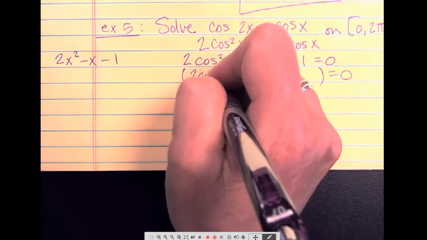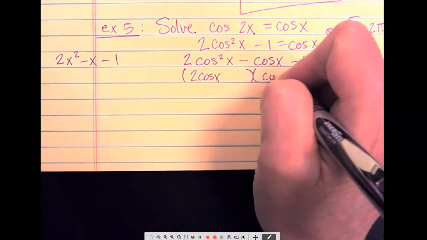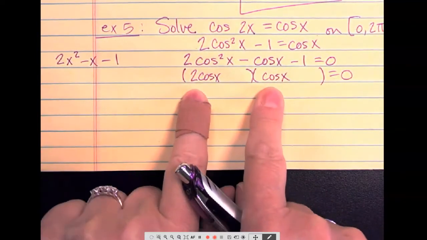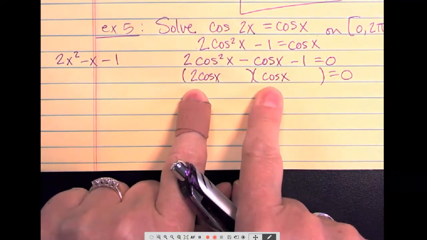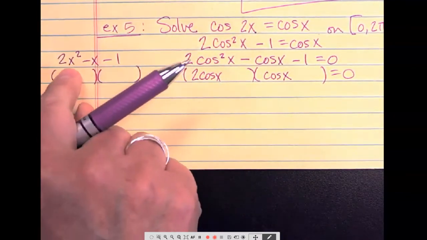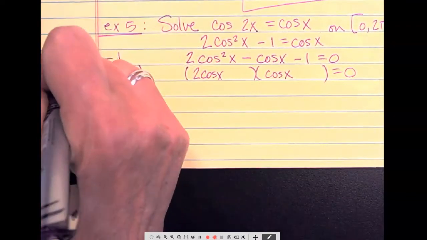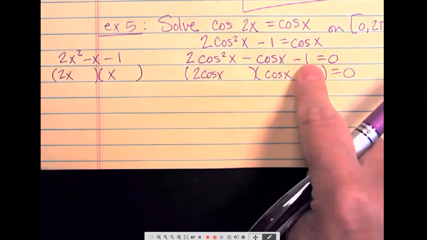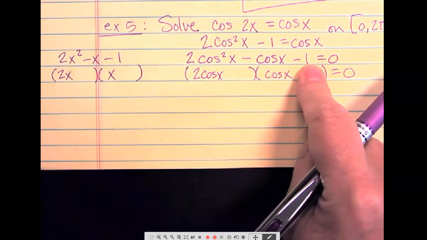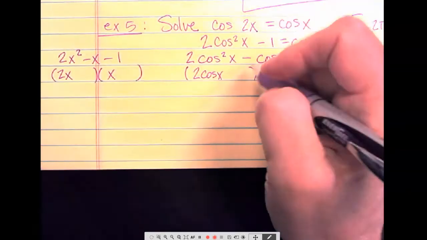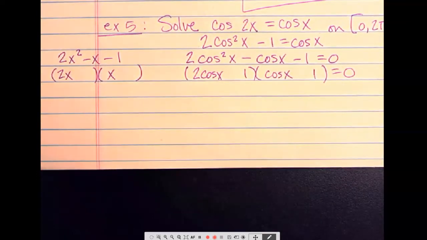Let me write it out and then we'll go back over that. Okay, what if I multiply those 2 together? That gives me 2 cosine squared, right? If I were doing that over here, I would say, what do you multiply to get 2x squared? 2x and x. Okay, go to the back constant, 1. What do you multiply together to get 1? 1 and 1. 1 and 1 go there.